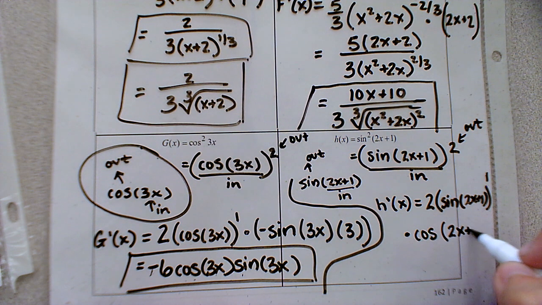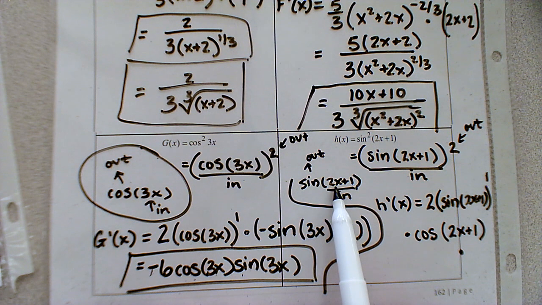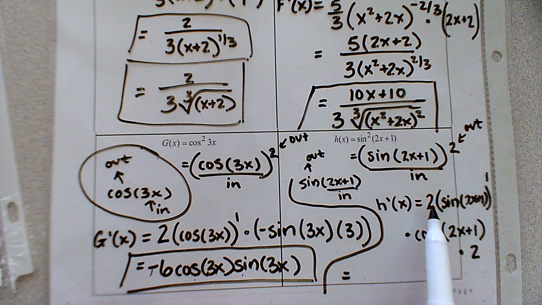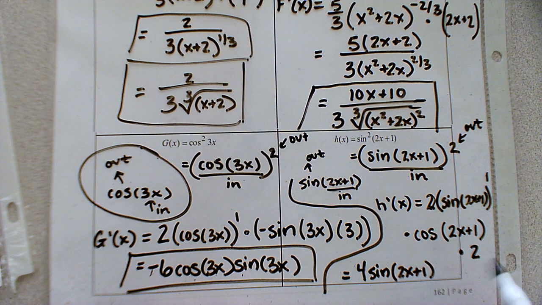We'll keep the inside times the derivative of the inside, which is simply 2. So all this is being multiplied together. We can combine things appropriately. So 2 times 2 would be 4. We'll have a sine of 2x plus 1 times a cosine of 2x plus 1. So there's our final derivative.